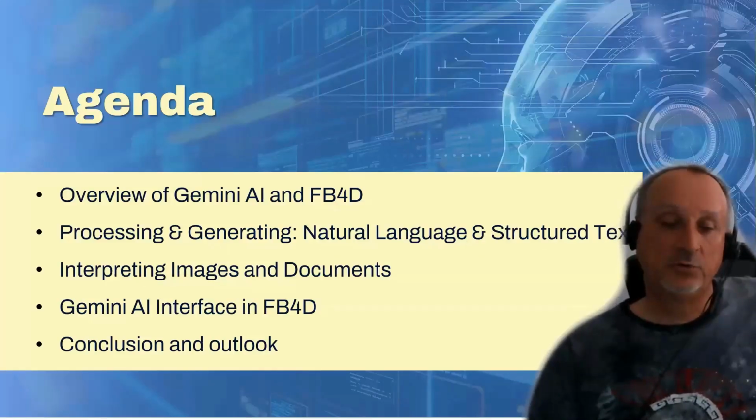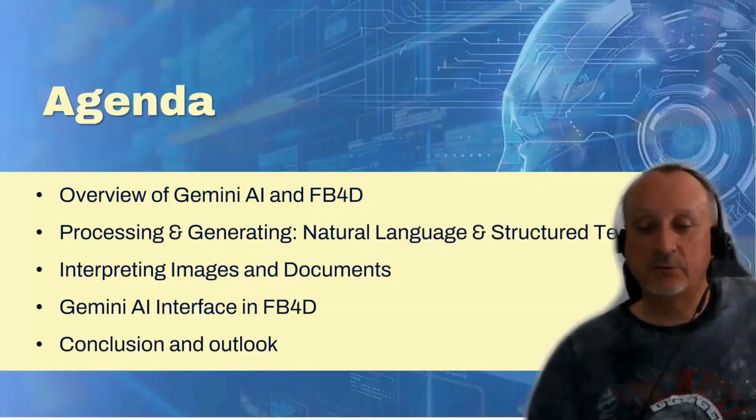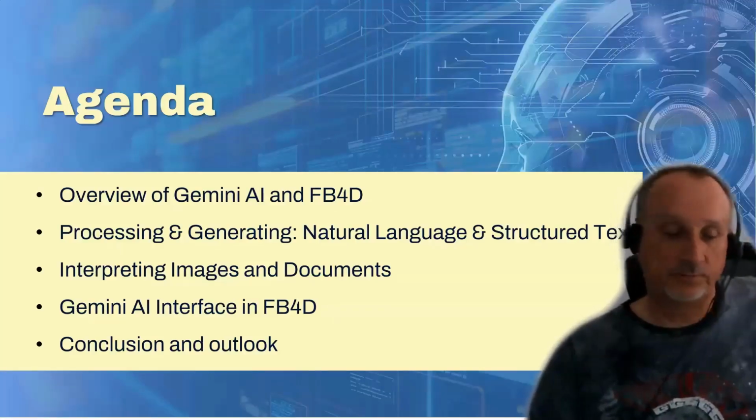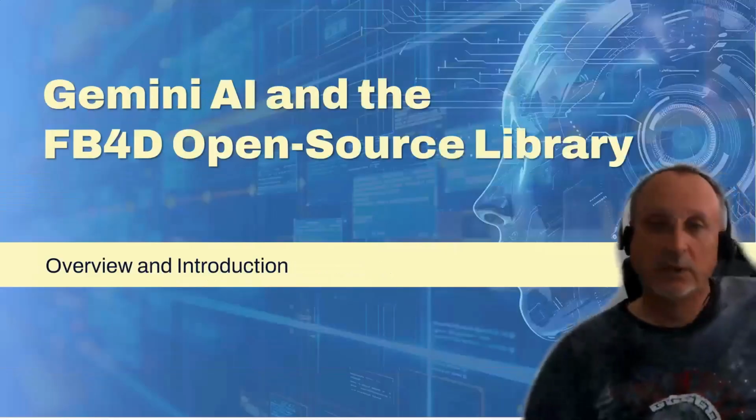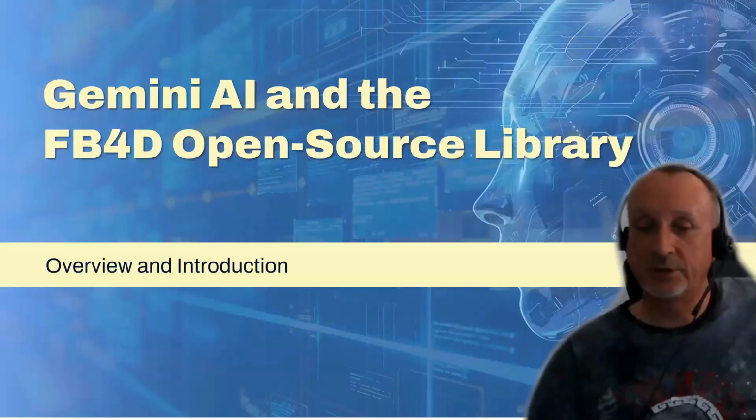I will show you the Gemini AI interface provided in FB4D. And last but not least, I make a conclusion and an outlook to the future. But let's start with Gemini AI and the overview about FB4D, the open source library.